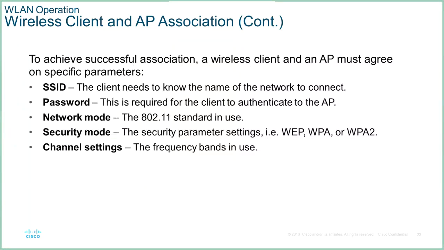We need to use the same standard, which we'll go through. Well, we've already gone through that big matrix of standards that you saw covering various frequencies and different speeds. So they've got to be compatible and be able to agree on using that mode.